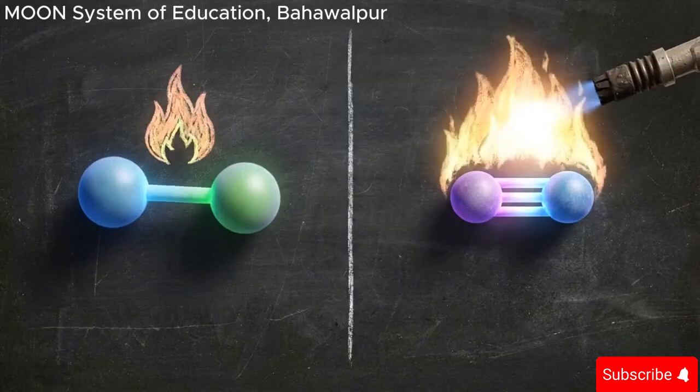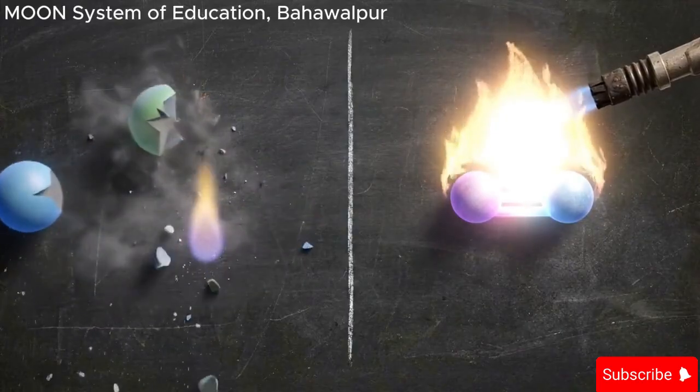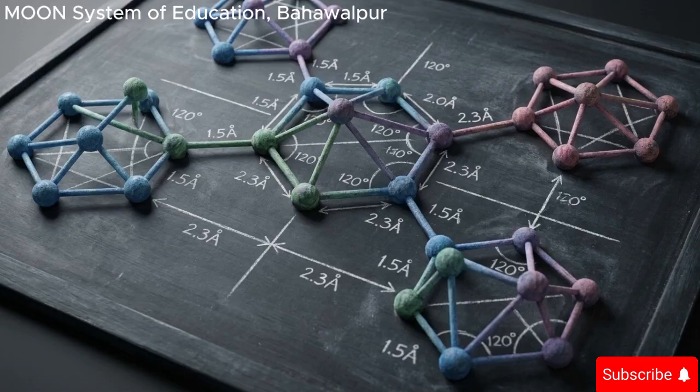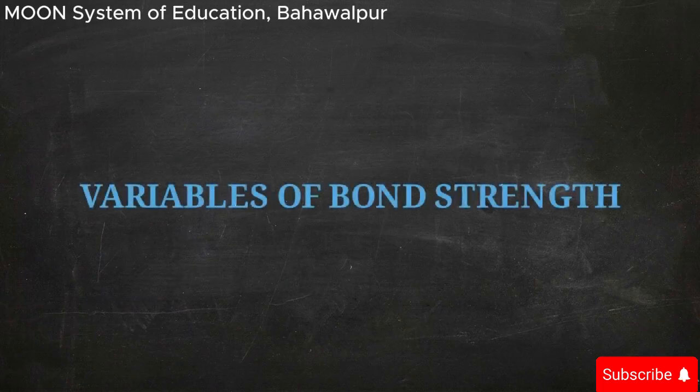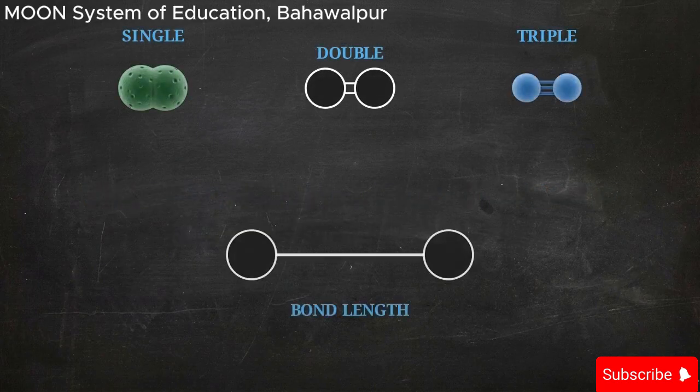If every bond requires an energy penalty to break, why do some snap easily under low heat, while others demand massive thermal investments? Bond energy is not a flat rate. It is dictated almost entirely by physical geometry. Looking at this comparison chart, we can isolate the two primary variables of bond strength, atomic size and bond length. Notice the inverse relationship.